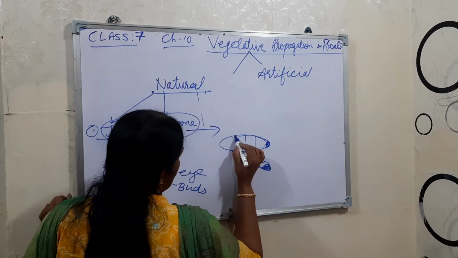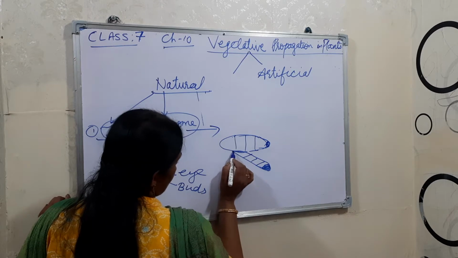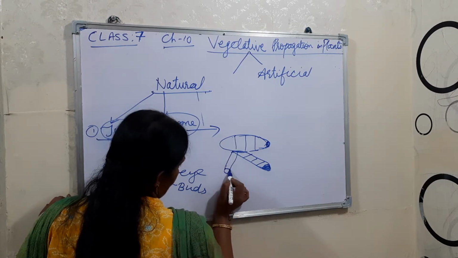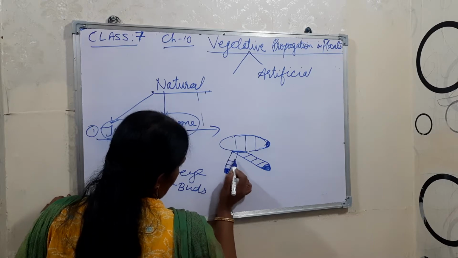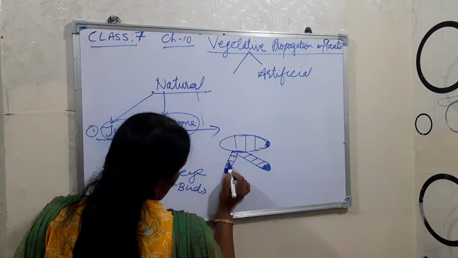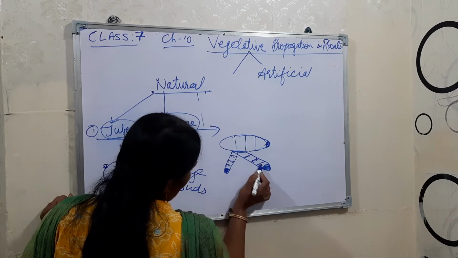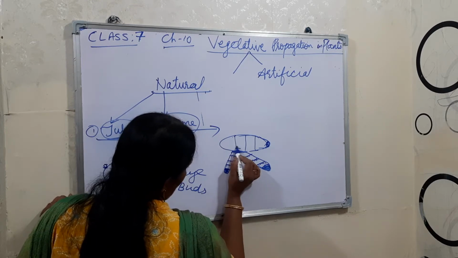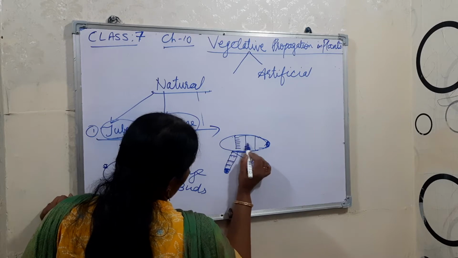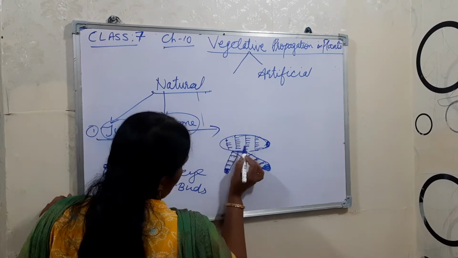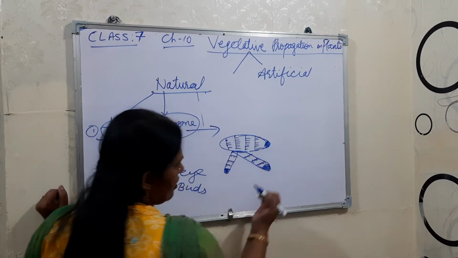By seeing it itself you may understand this one, right? These are the scales. What is it actually? It is ginger. These are the scales, and it is the bud.